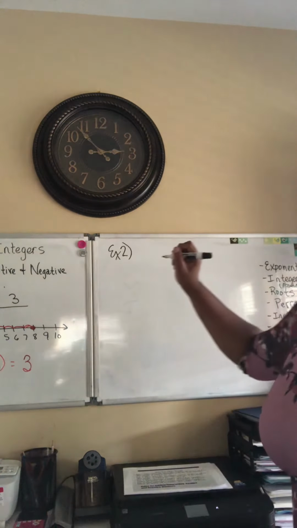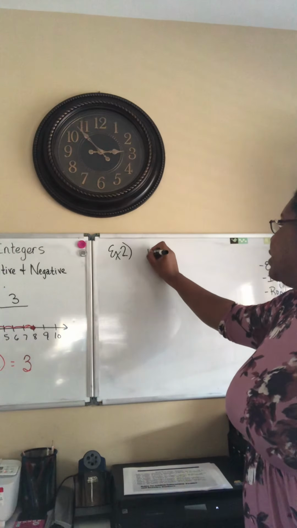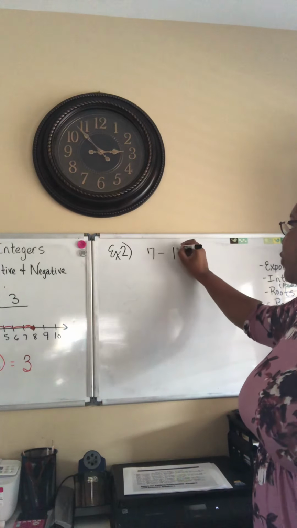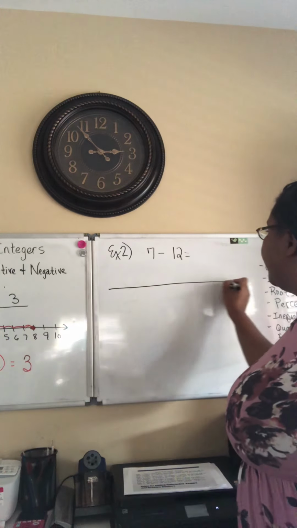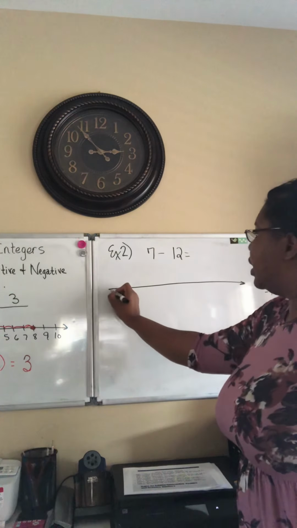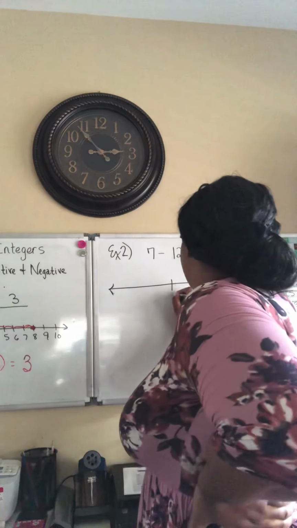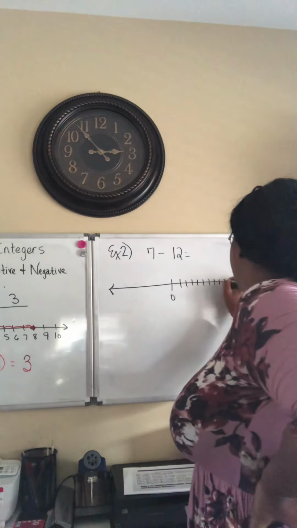step off my screen a little so you can see better. And let's say we have 7 minus 12. Okay, so we're going to draw this number line for this, and maybe I might have to step on camera just to get this number line in place. 1, 2, 3, 4, 5, 6, 7, 8, 9, 10.